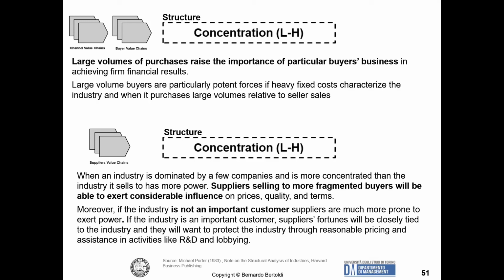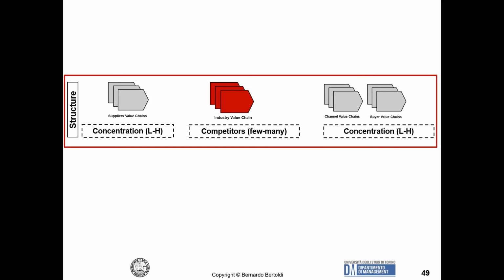Therefore, it's another way of seeing pressures from the left side of our value chain, the suppliers, or the right side, the structure of our customers, be it a channel or a final customer.